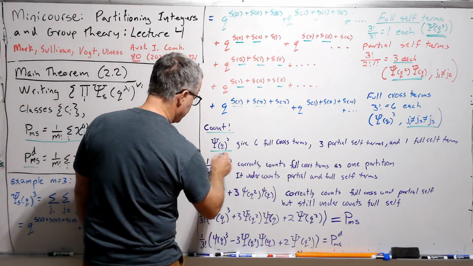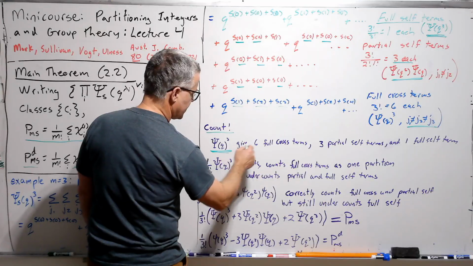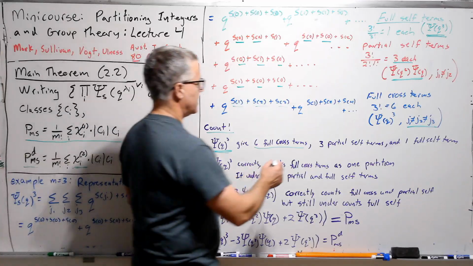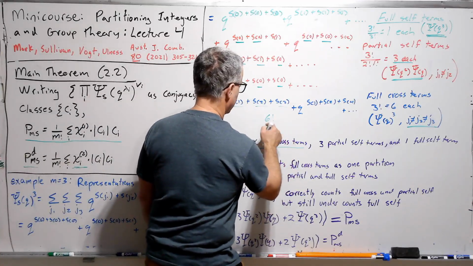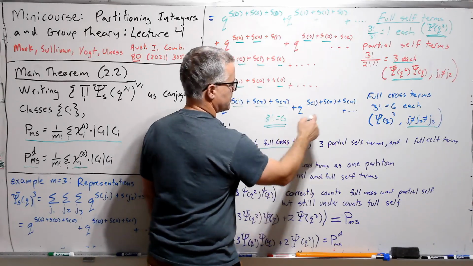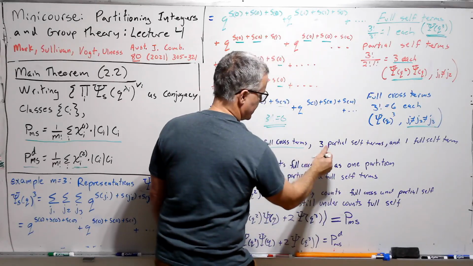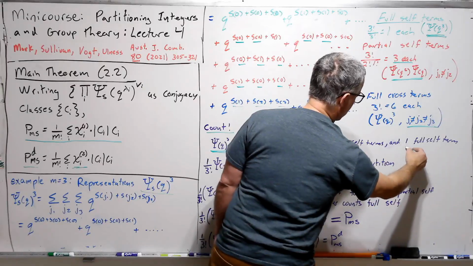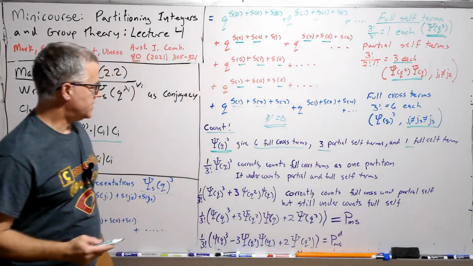So if we just take this bit, that's going to give us 6 fully cross terms, right? Because this is just going to be 6 factorial, or 3 factorial. Oh yeah, here it is, right here. We have 6 of these. Then we have 3 of these, 3 each of those, and we have 1 of those in this set.